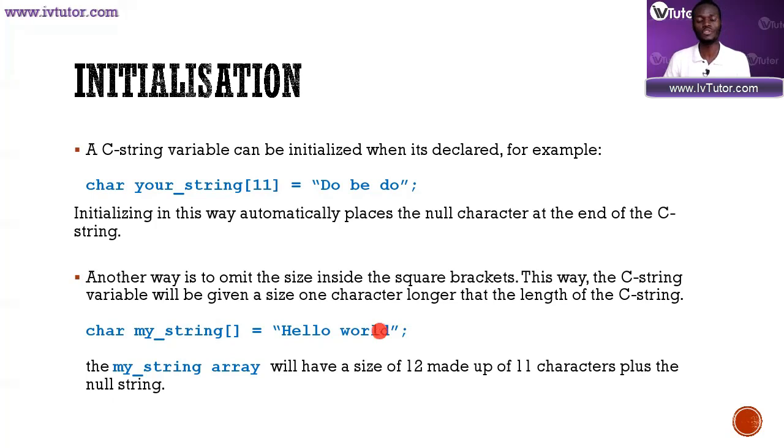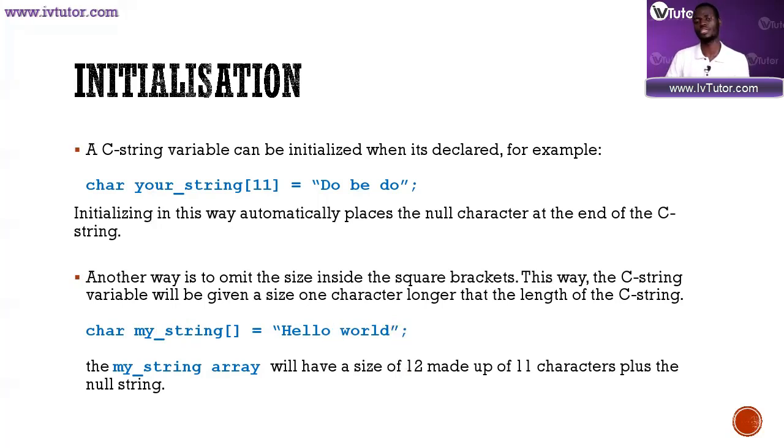And if you do this, your compiler will create this array and give it a size that is enough to cater for these characters plus the required null character, which means in this case, your compiler is going to make this a size of 12, because we've got 11 characters here plus the null character, and then your array is a size of 12. So if you are not very sure or you don't want to count, you can just declare your C-string like this, and then it will just be enough to accommodate this string.